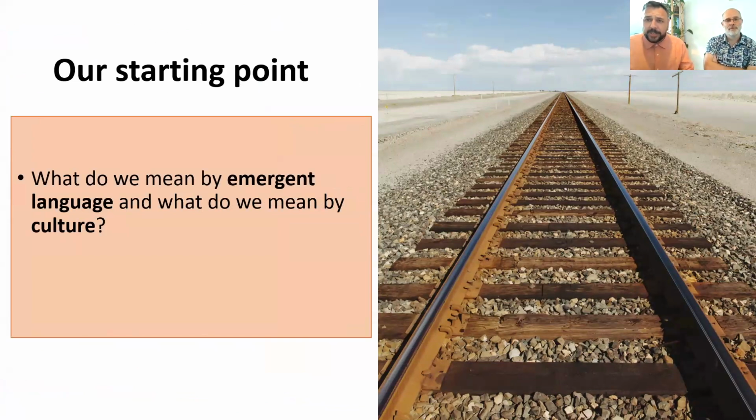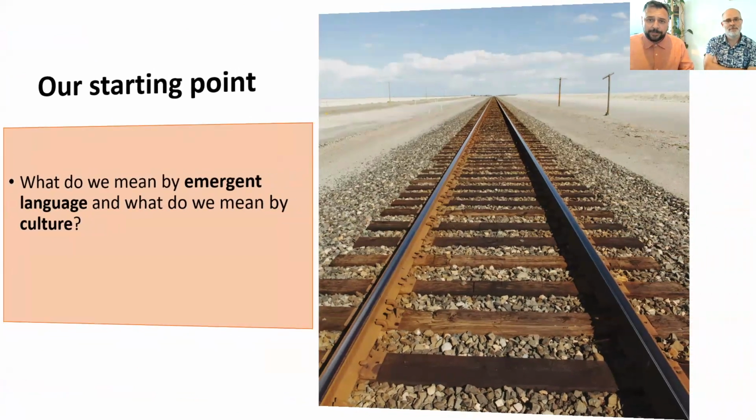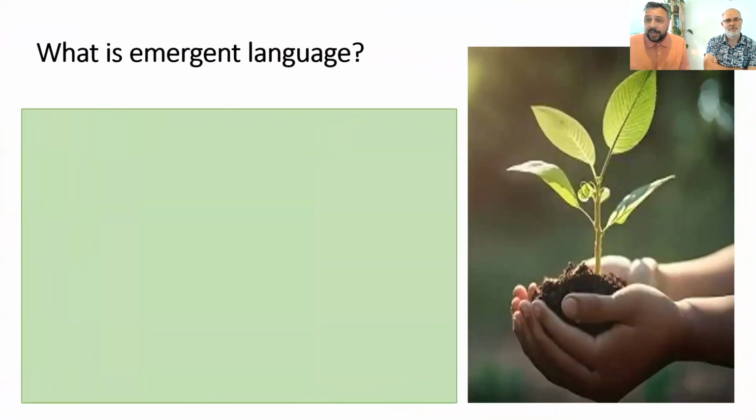Well, let's start with this term emergent language first. So the term emergent language originates in Dogma ELT, or Teaching Unplugged. It was first used in the late 1990s, early 2000s, when Dogma was being talked about. And the idea is that it's about focusing on reactive teaching, about moments in class that arise when the teacher deals with unplanned language.